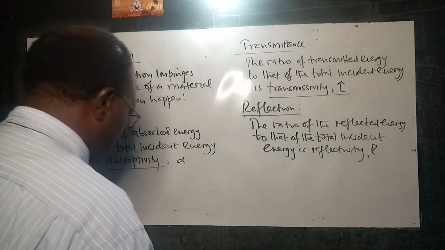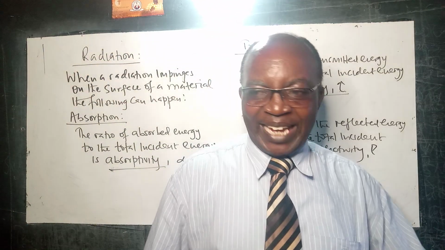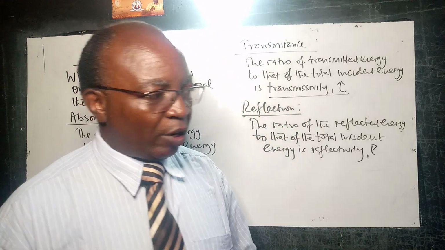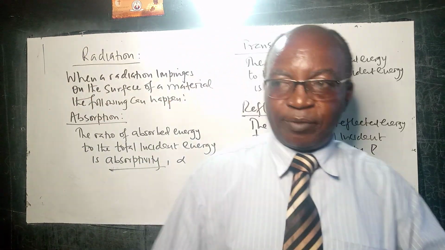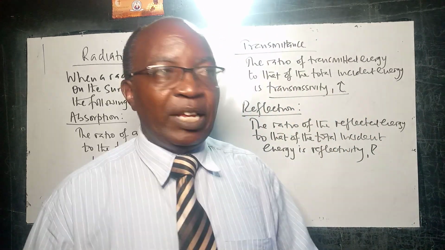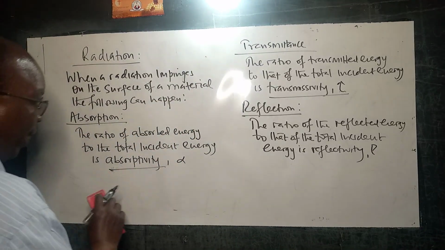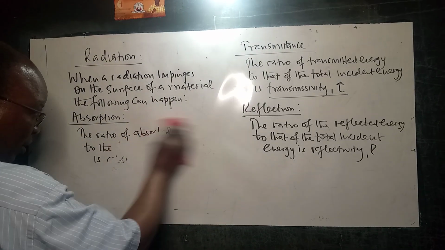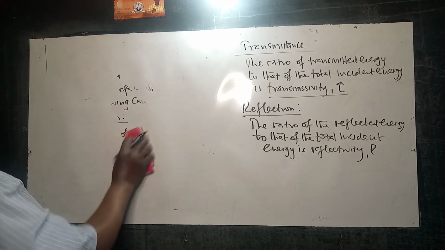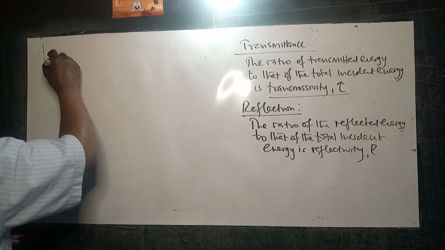Now, there must be fundamental laws guiding this type of heat transfer, just like we have seen with the convection processes, just like we have seen with the conduction processes. So even for radiation, there must be laws dealing with these emissions from these particular surfaces. And so we have what is called the black body.